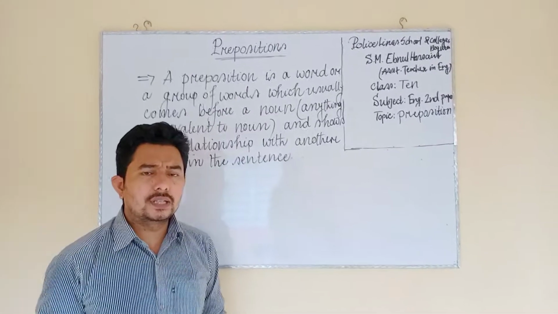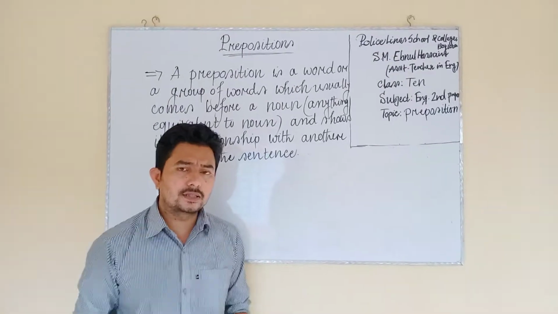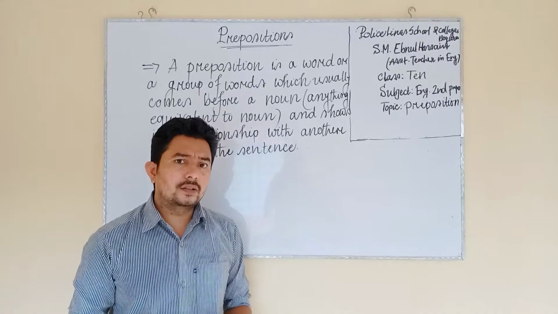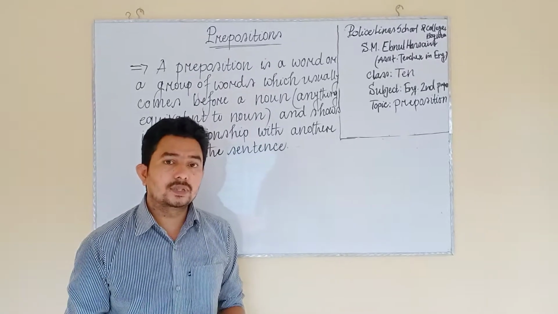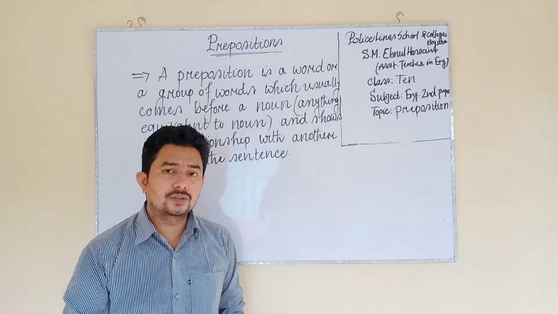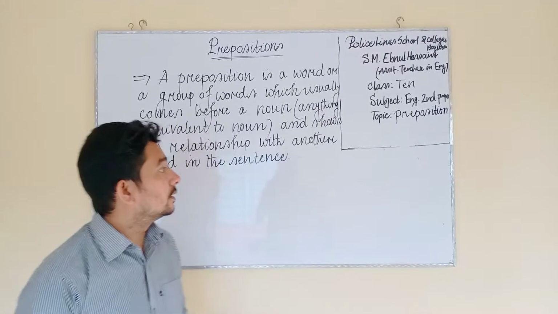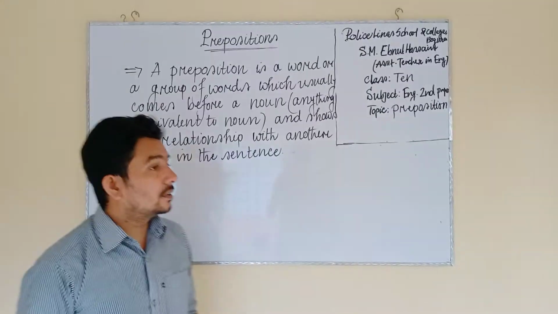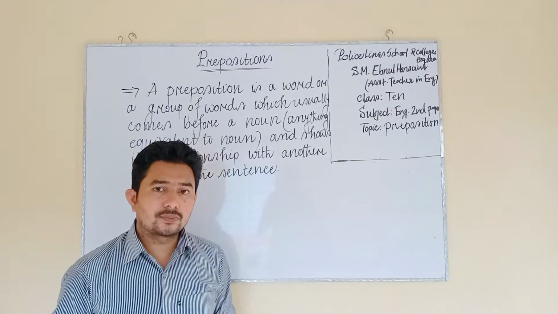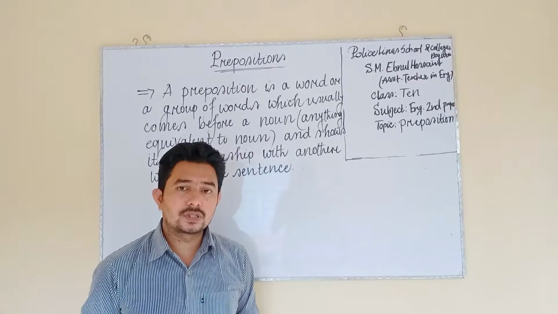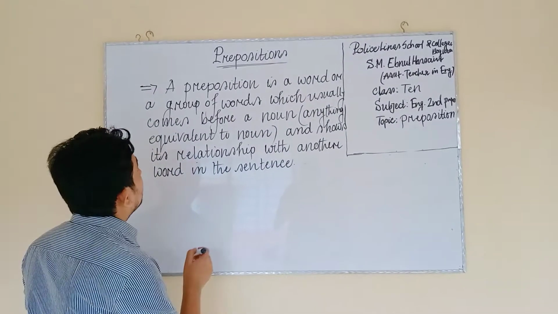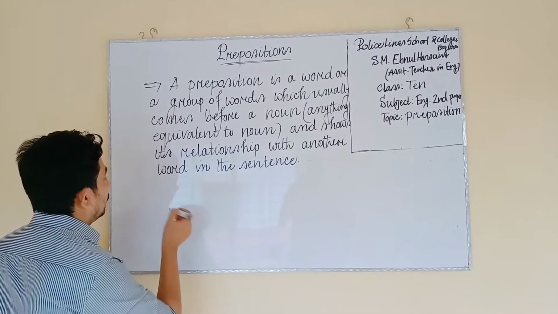In brief, we can say that the preposition is a relating word. That means the word relates to another word in the sentence. We already said that there are various kinds of preposition: simple preposition, complex preposition, and sometimes appropriate prepositions are also very important. So now let's have a couple of examples.